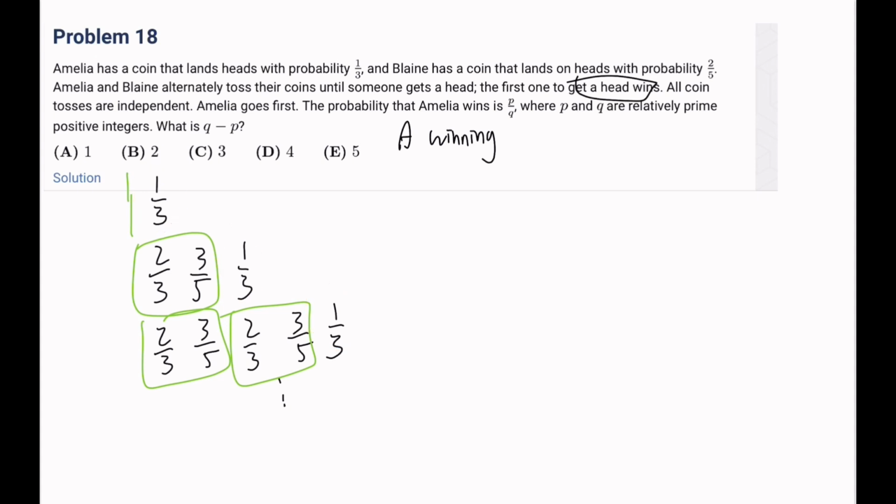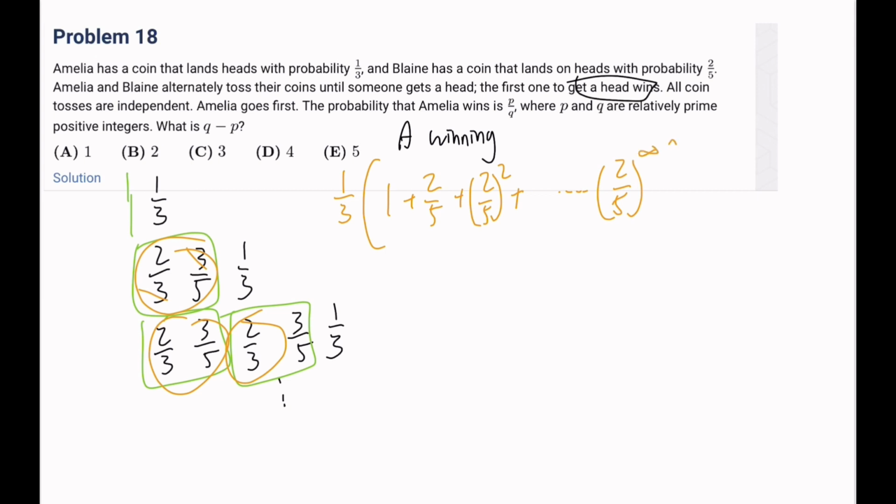So it's 1 over 3 times 1 plus this much. These cancel, so it's 2 over 5 plus 2 over 5 squared plus all the way to 2 over 5 to the infinitieth power, right? And so this is a geometric sequence.